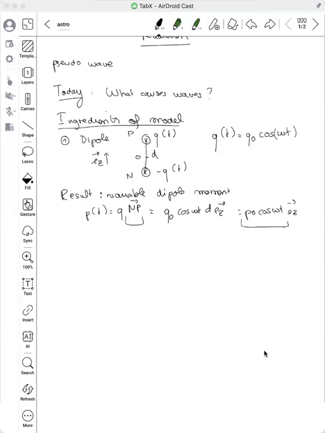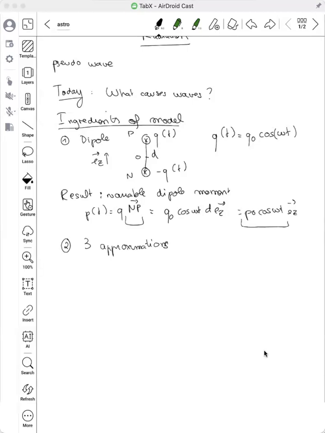So I'm going to go into the detail of the derivation in a minute, but I'm already telling you that another very important ingredient in this model is three consecutive approximations, which we will be doing. I will detail them in a second.